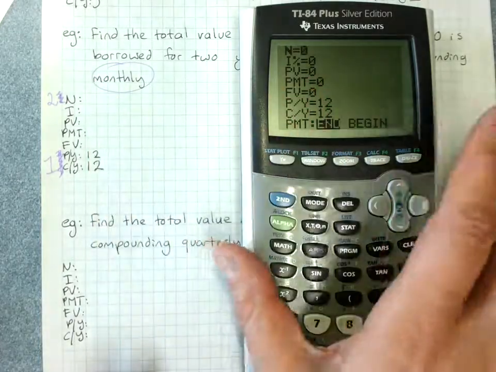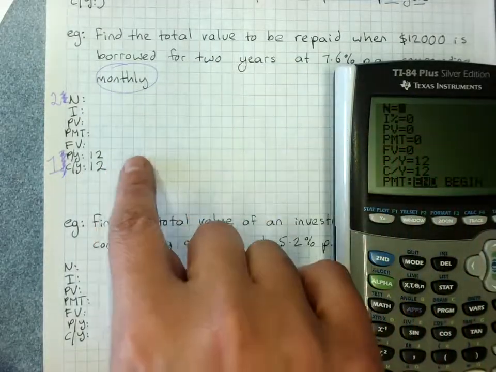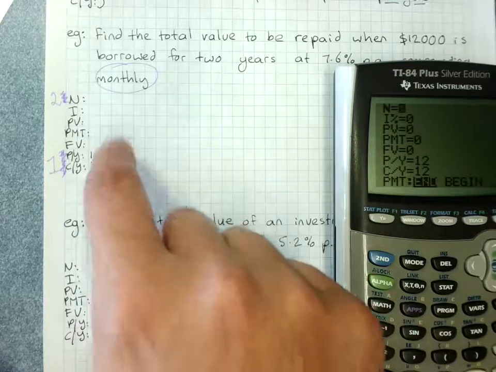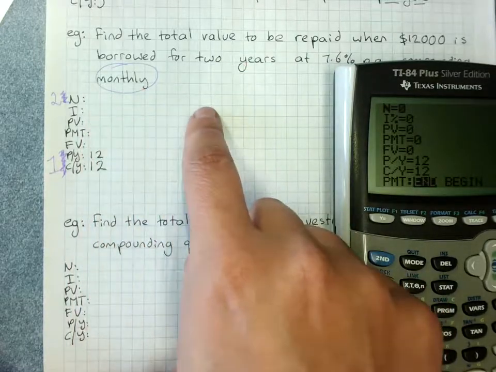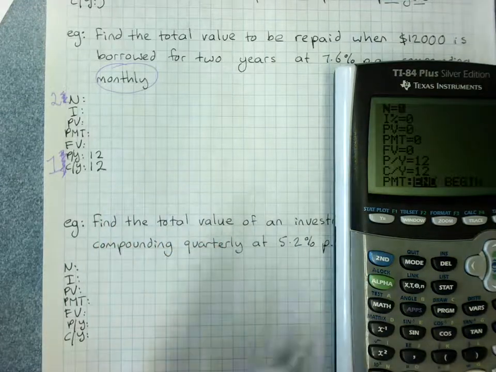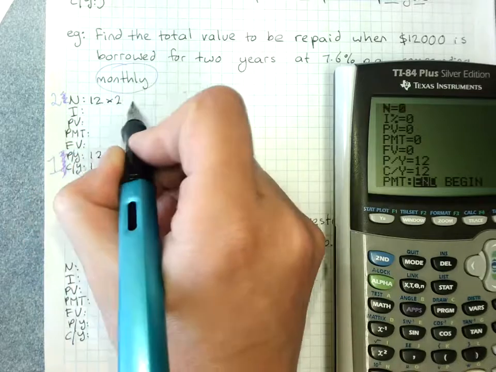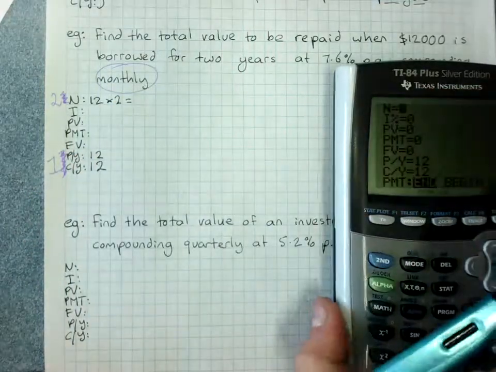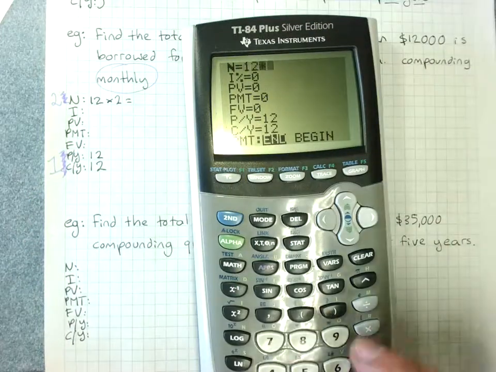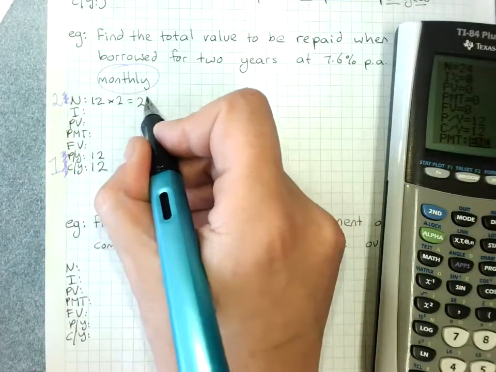So N is the number of years times PY, because it's the number of compounding periods. If it's 2 years and there's 12 months per year, that's 12 times 2. It's worth typing 12 times 2 into here and hitting enter and getting 24. It stops you making a mistake.